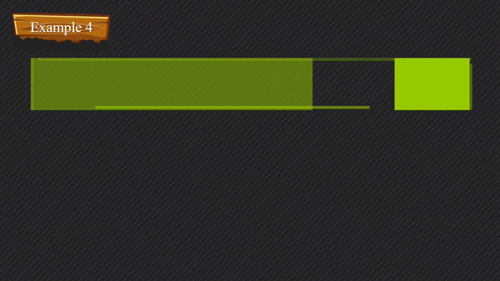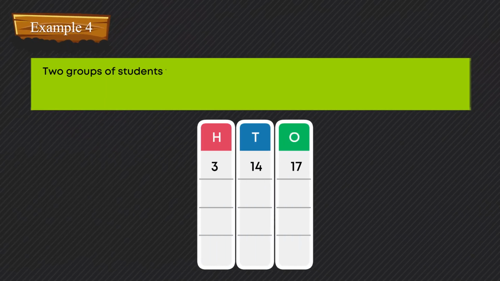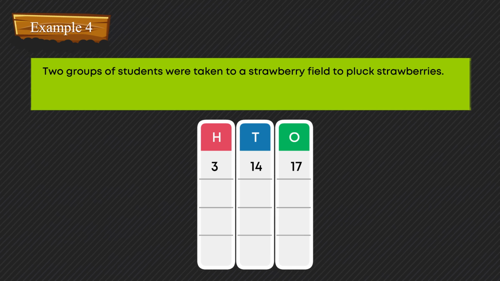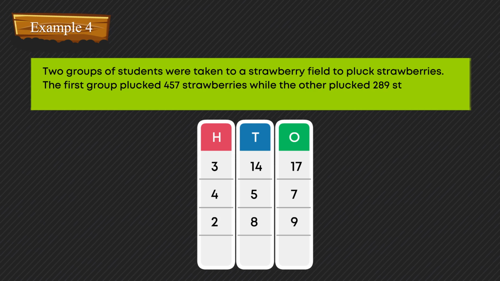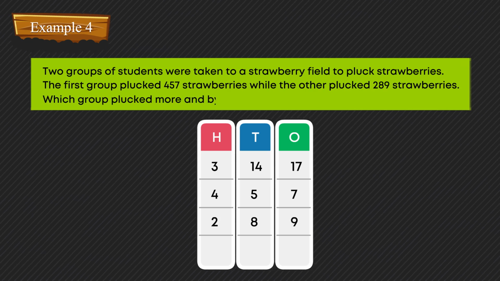Example 4. Two groups of students were taken to a strawberry field to pluck strawberries. The first group plucked 457 strawberries while the other plucked 289 strawberries. Which group plucked more and by how much?